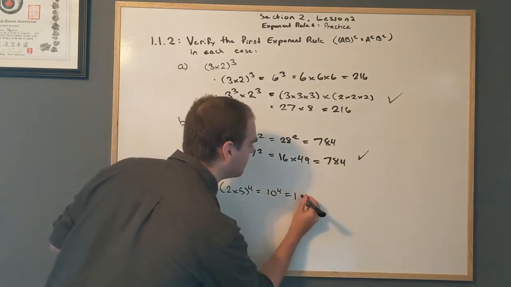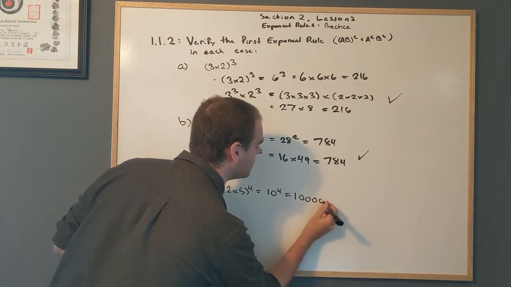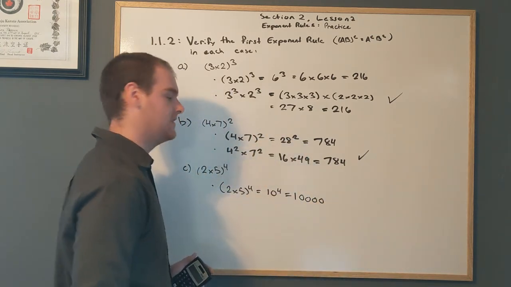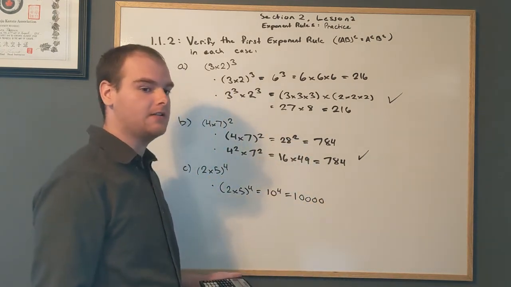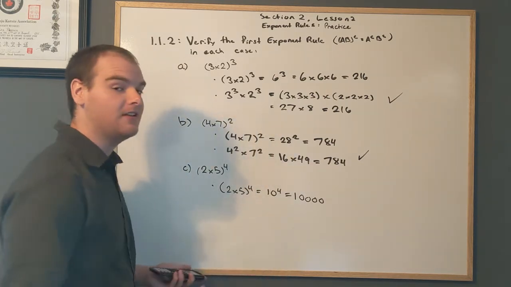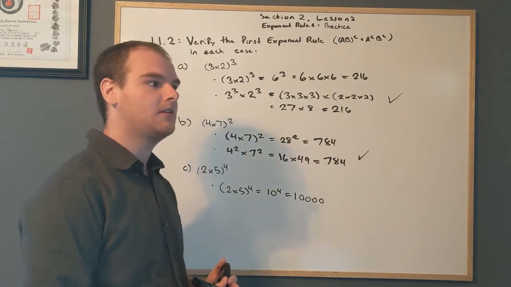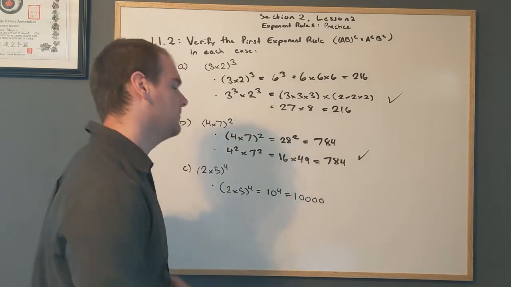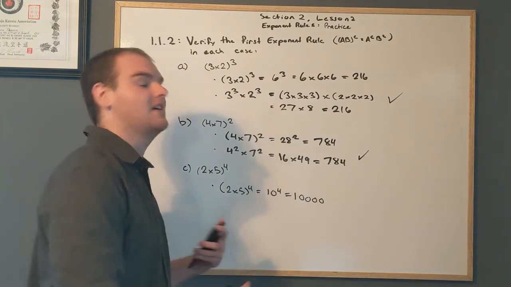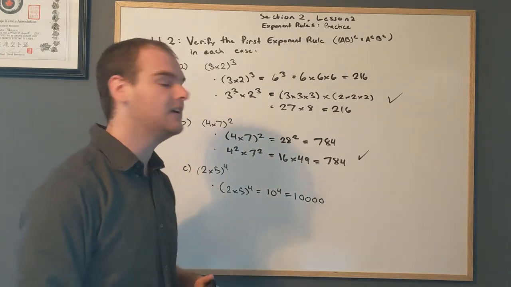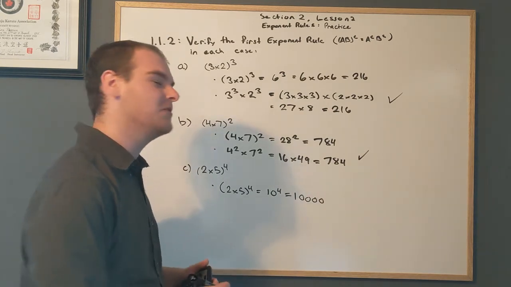So we have 4 here. So it's going to be 1, 2, 3, 4 zeros, 10,000. That's a nice trick for tens, and it's very handy and used a lot in sciences, because often you're working with big numbers, so you write things times 10 to the power of some exponent, just to make it simpler to work with those numbers.